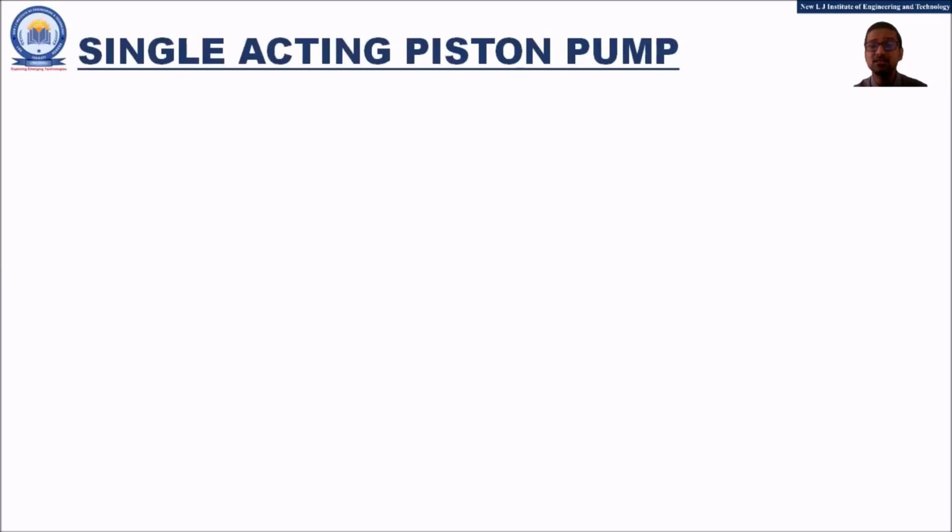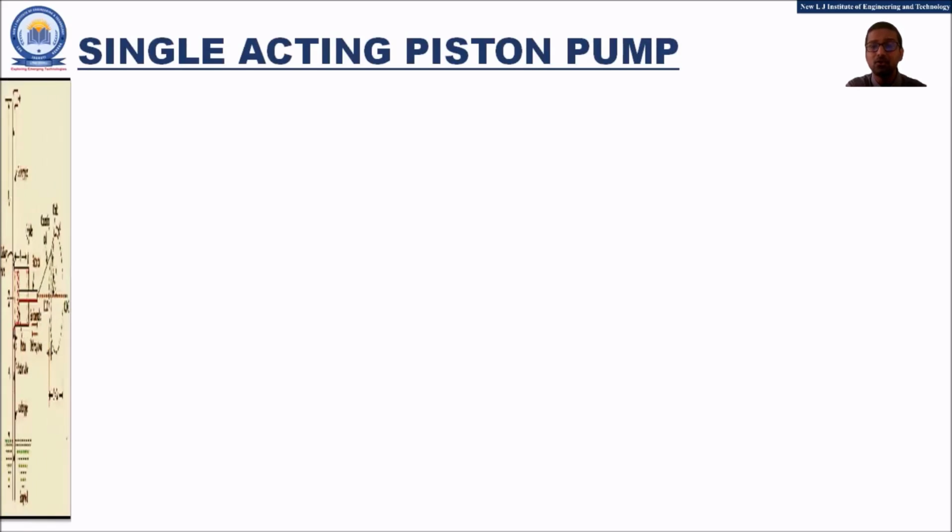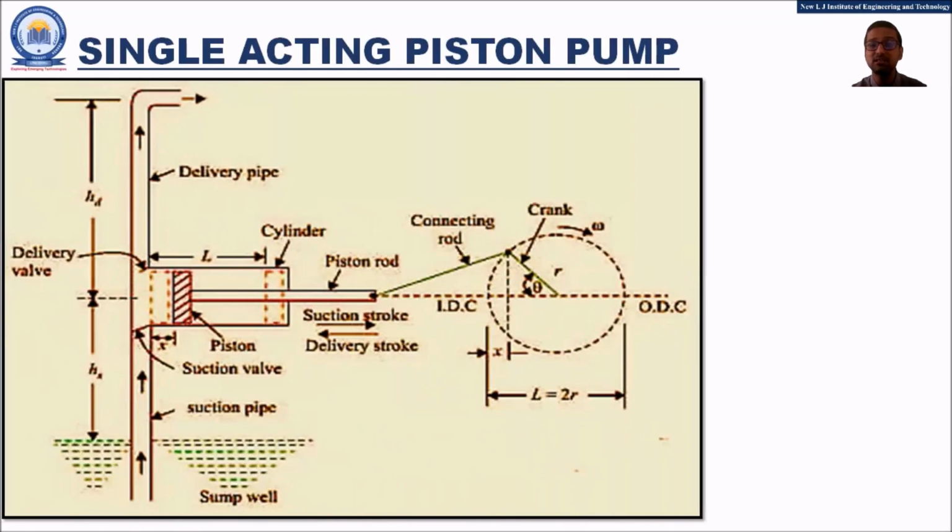And whenever this question is asked in your examination, then firstly you need to draw the figure of the single acting piston pump. Remember friends, mine all figures will be different compared to the figures which are given in your textbook. But if the logics are clear, if you are understanding the technical points, then you can easily write down the answers in the examination.